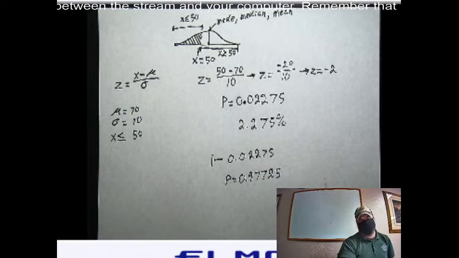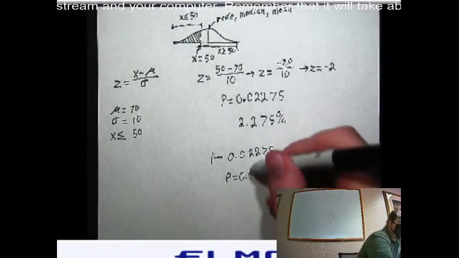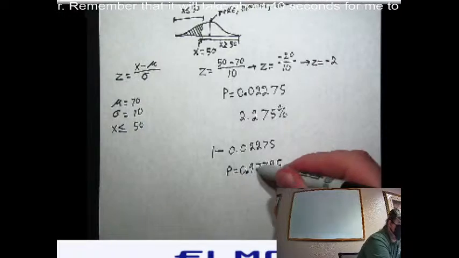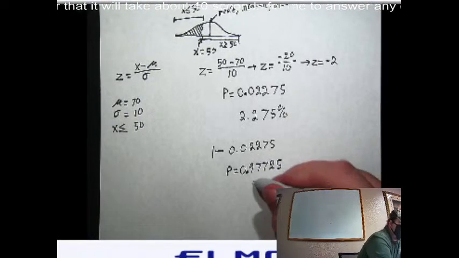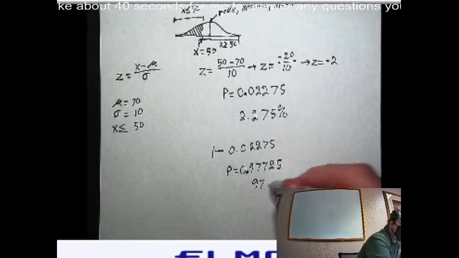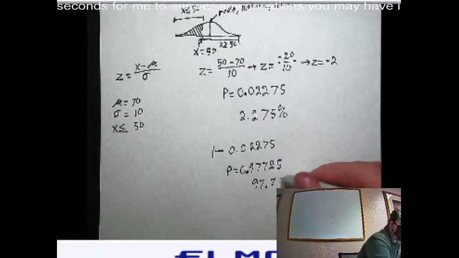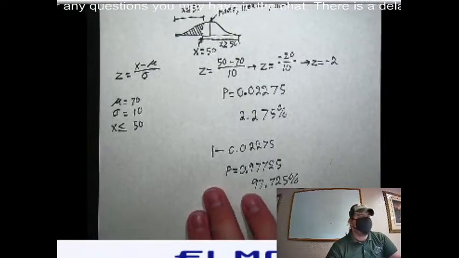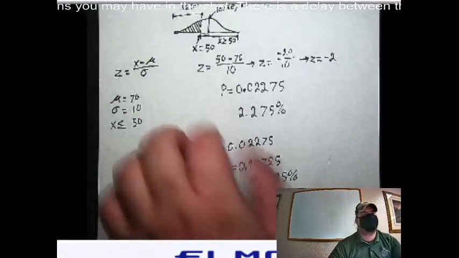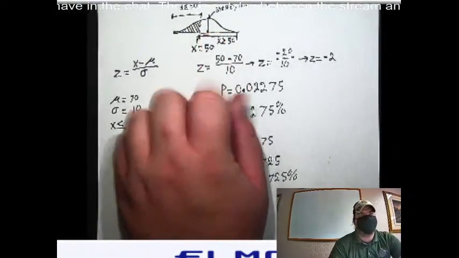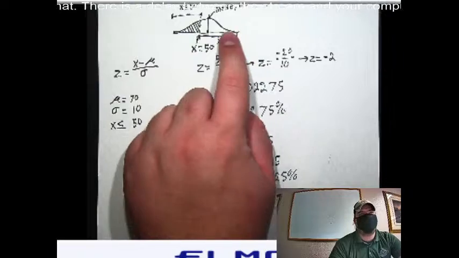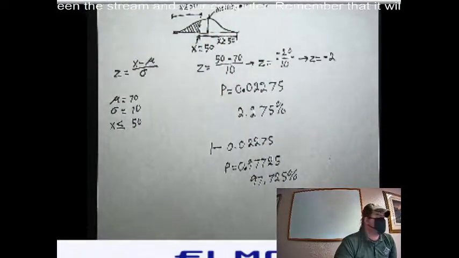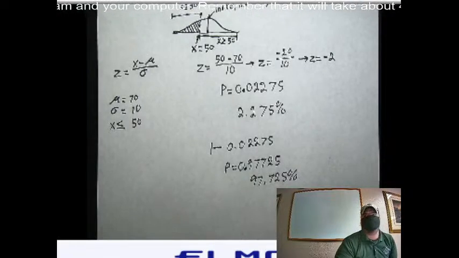Or if we wanted to make that into a percent, of course, just like before, we take this decimal and move it twice to the right, and we get a percent of 97.725%. So 97, almost 98% of our data occurs on the other side of 50. So this whole area right here. Make sense? Any questions?